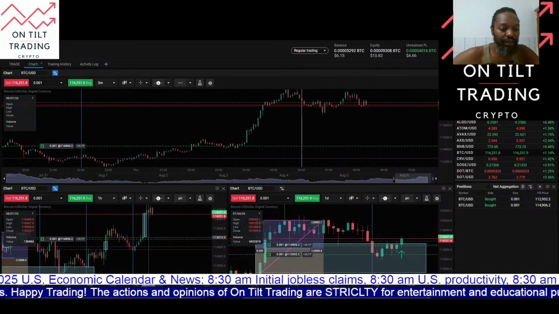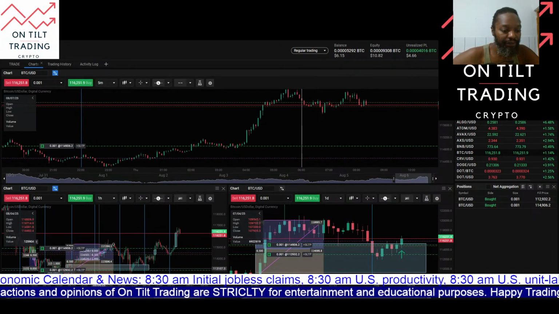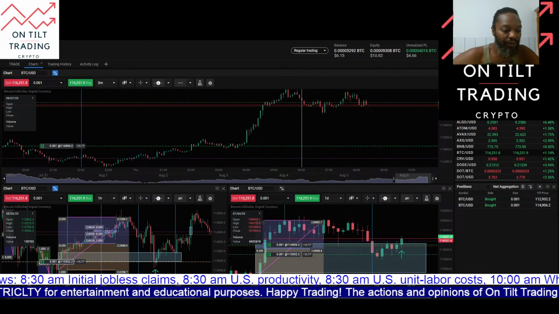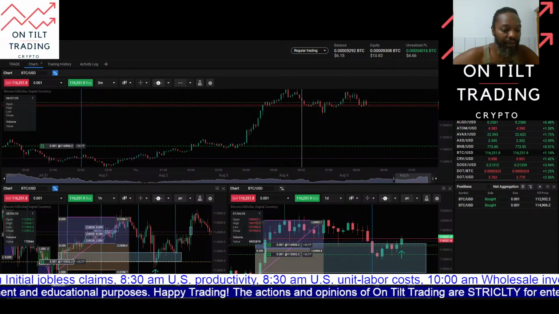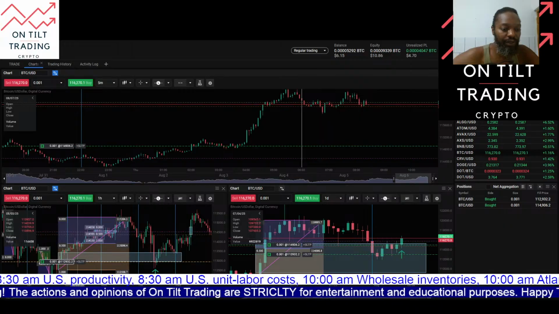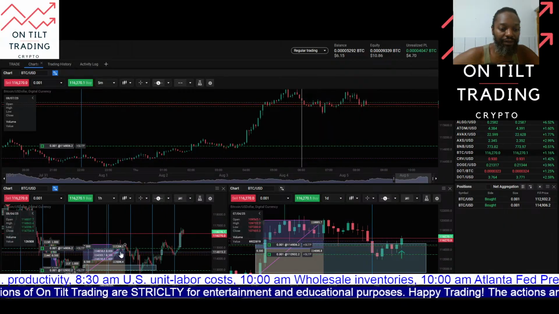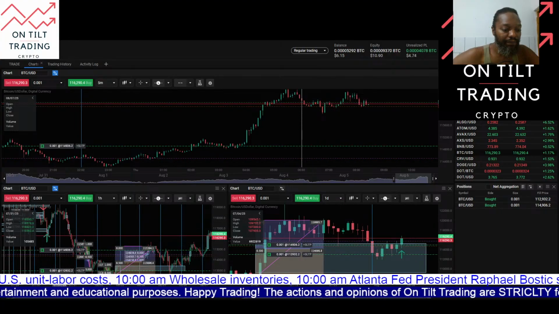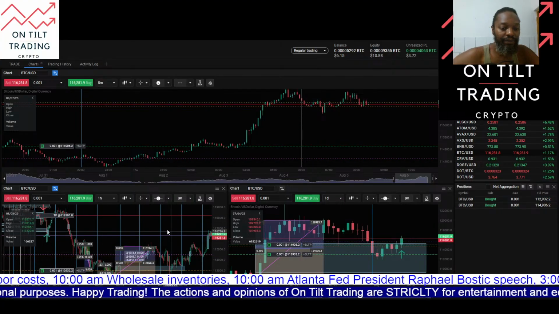So this trade here, my stop loss is just below the swing low of this candle here, which is the fair value gap swing low here. And then my profit target is this fair value gap that's resting up here.